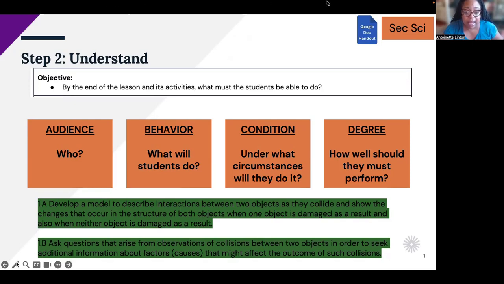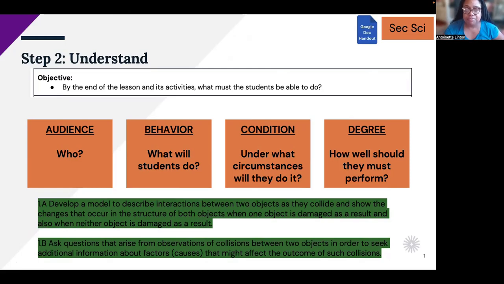At this point, I would call on four people to read. Can someone read the audience? Behavior, condition? And while I read, I would track with the cursor to emphasize keywords vocally, nod and affirm, and all those things.